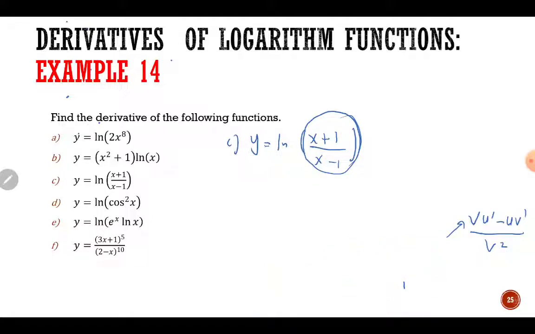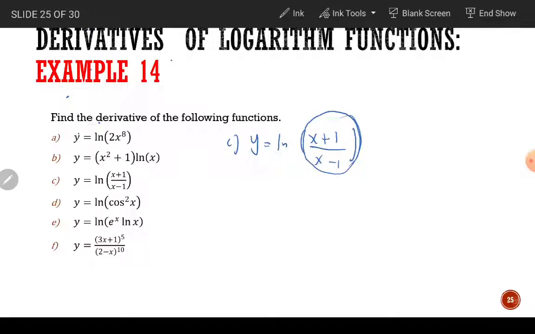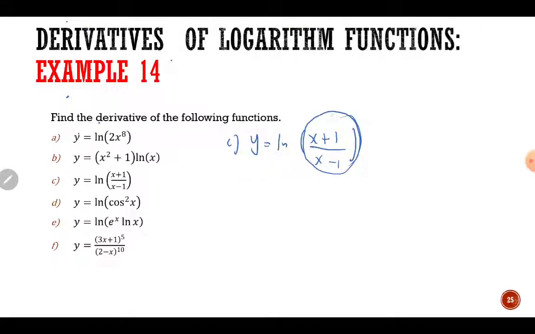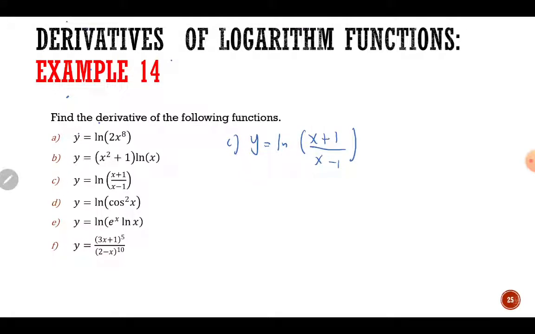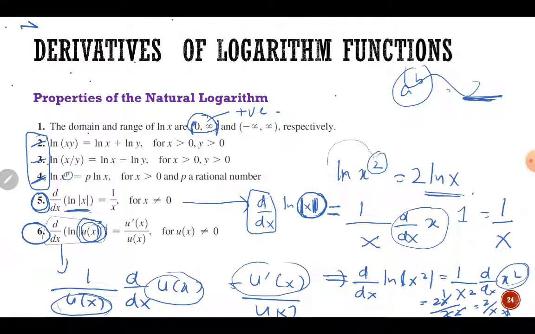Looking at the function we have now, ln of (x + 1) over (x - 1), it is as if we have ln of a over b.